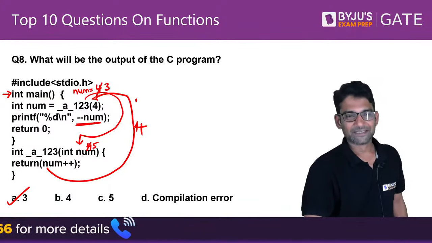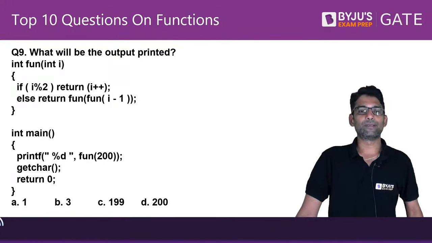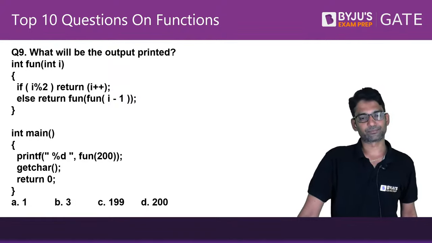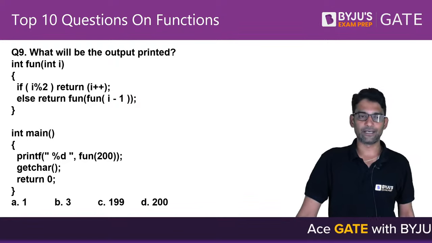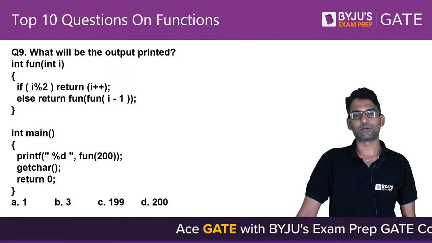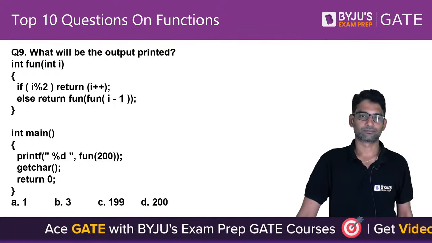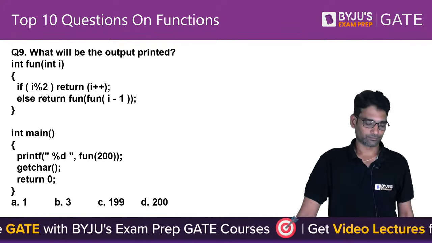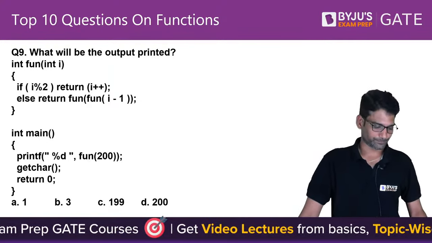Okay. Question number 9. What will be the output printed? int fun(int i), if i mod 2 return i++, else return fun(i - 1). Print fun of 200.